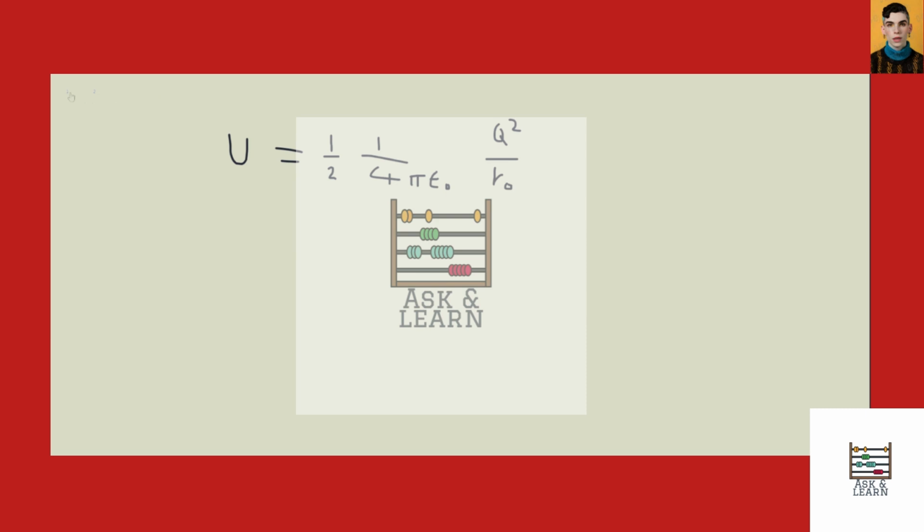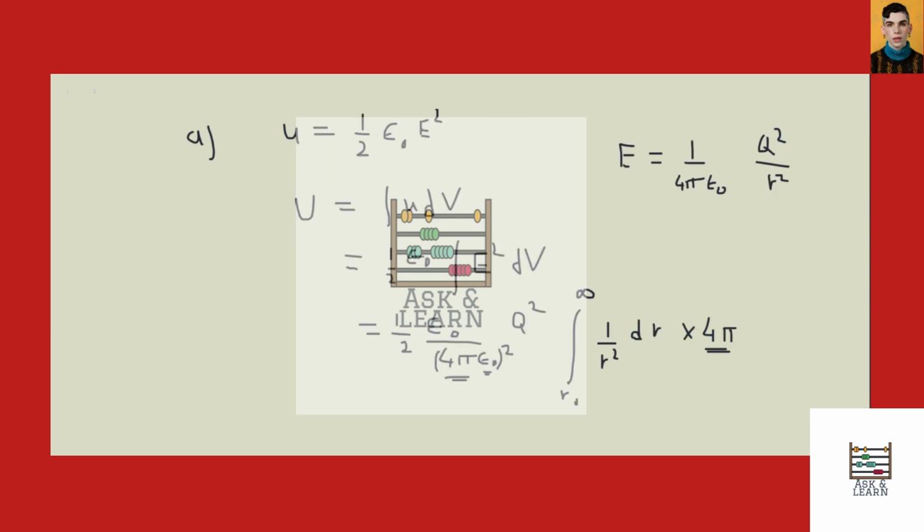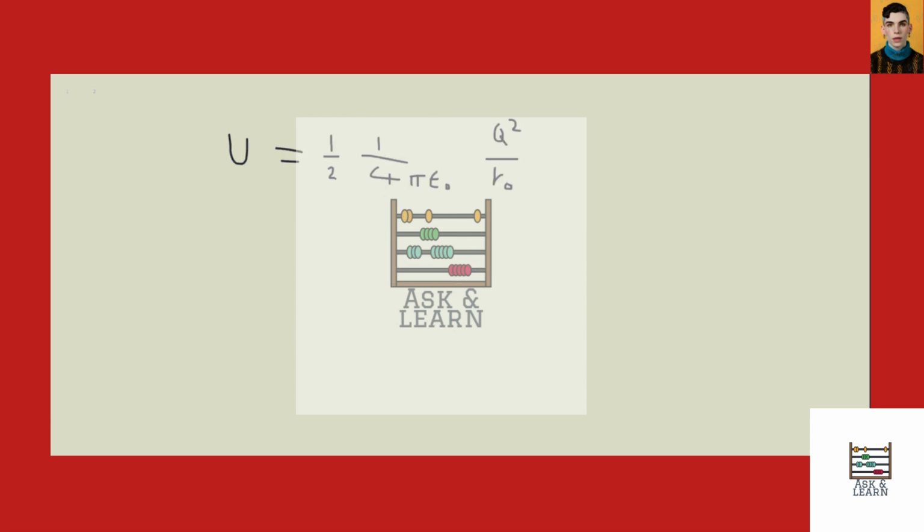Now why r naught? Because the integration is negative 1 divided by r, and limits are 0 to infinity. At infinity, the 1 divided by infinity is 0. Oh, sorry, limit is not 0, but it's r naught. It should be r naught here, so that we have the second term surviving. Since second term is negative and twice negative is positive, your answer is what you expected.